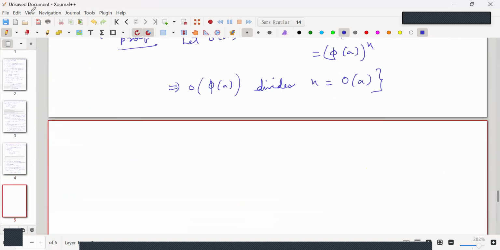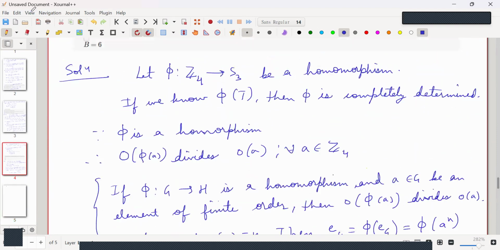Now, why were we doing all these things? Because we want to see the image of one bar, right?